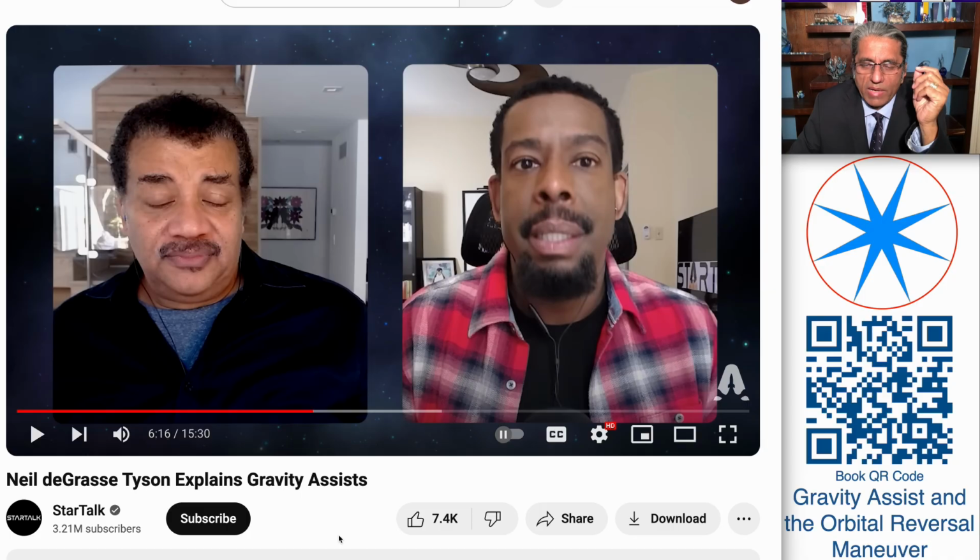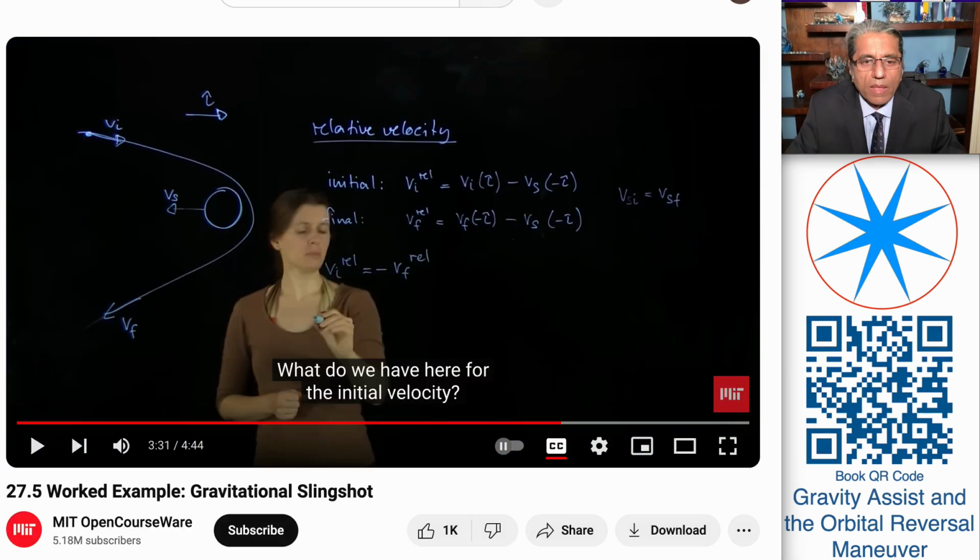If you approach a planet from the front, you are very likely to lose velocity. That's just like a ball being bunted. The bat and the ball traveling in the same direction. The planet and the spacecraft, if they're traveling in the same direction, then the impact of gravity assist is to reduce the final velocity magnitude of the spacecraft.